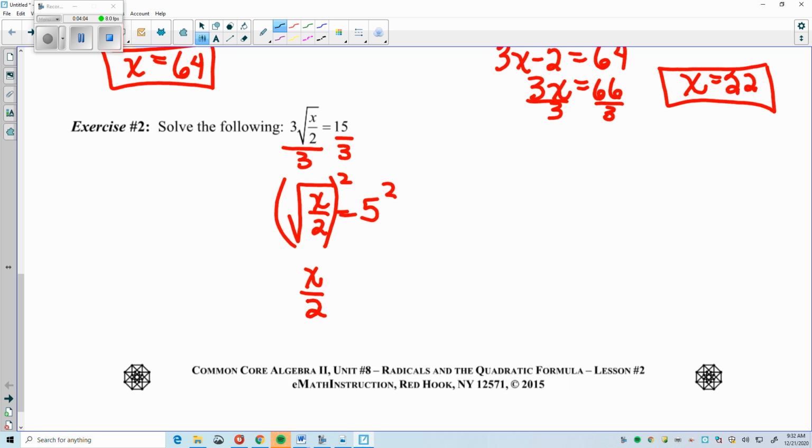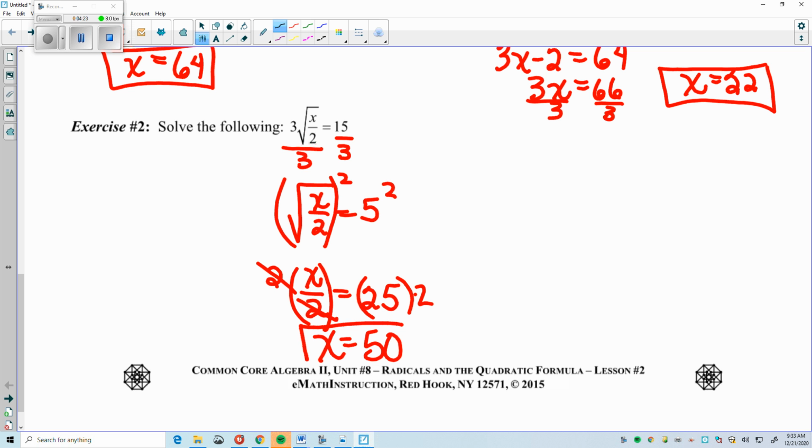Now I'm left with x divided by 2, and on this side I get 25. In order to get x, I multiply each side by 2. If I multiply this side by 2, the 2's reduce out, so I'm left with x. And if I multiply this by 2, I get my final answer of 50.